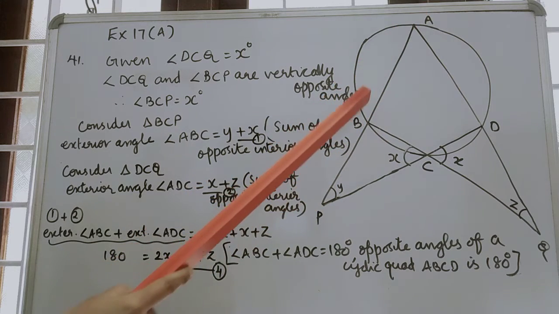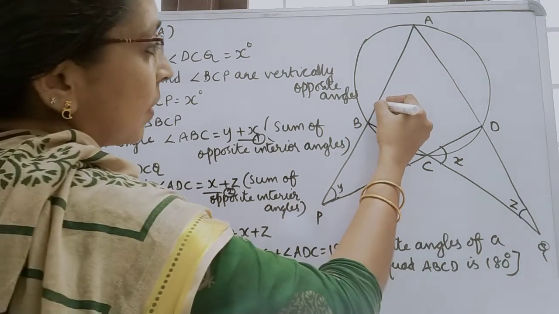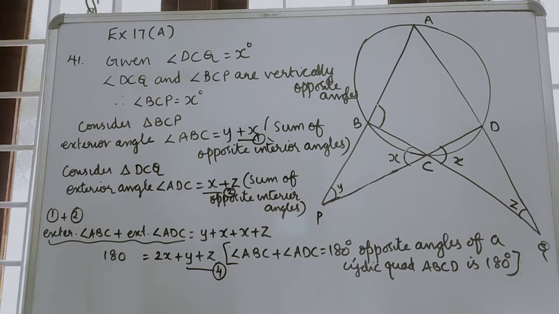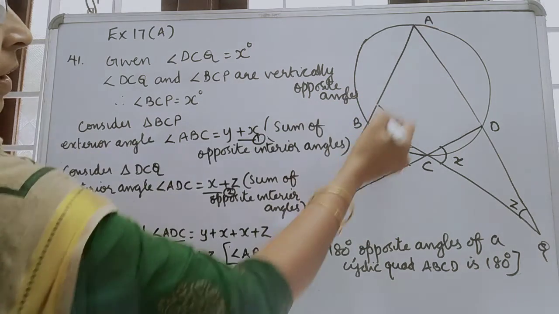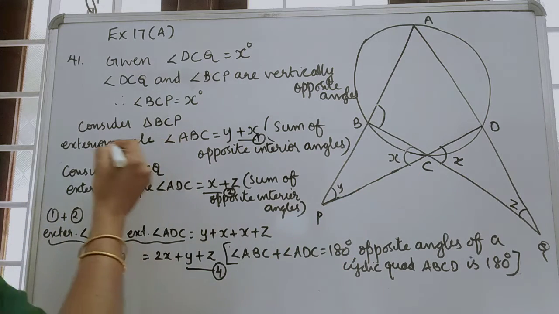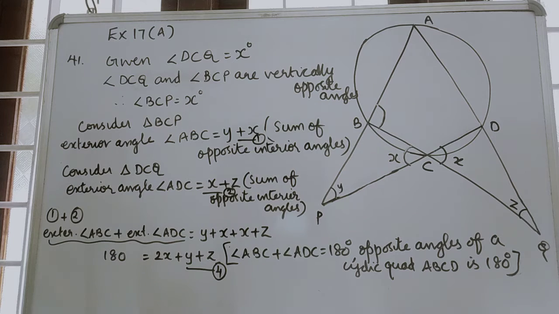The exterior angle will be equal to the sum of the opposite interior angles. Which are the two opposite interior angles? X and Y. So we can write exterior angle ABC is equal to x plus y. Let it be equation number 1.